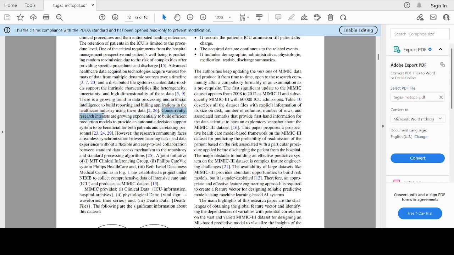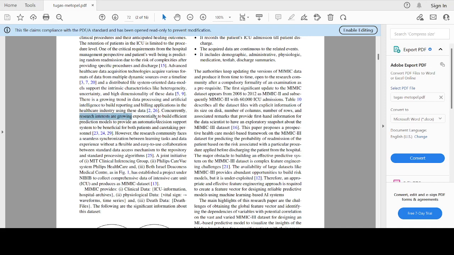Concurrently, research interests are growing exponentially to build efficient prediction models to provide automatic decision support to be beneficial for both patients and caretaking personnel. Because of that, the research interests are growing.